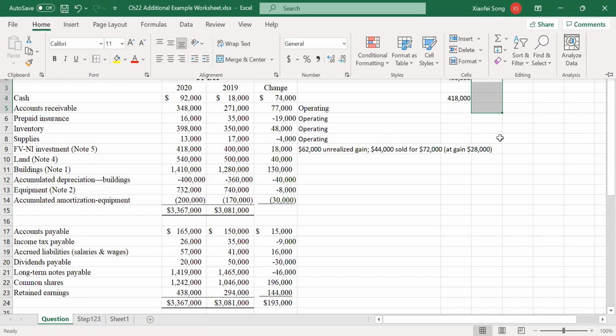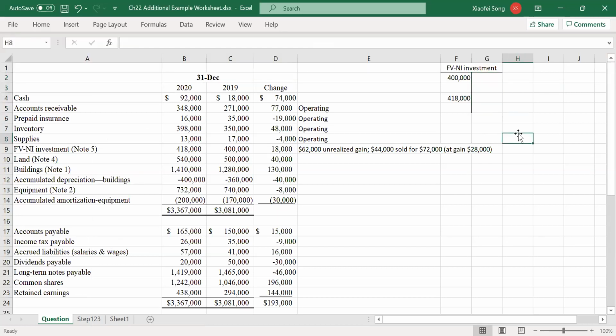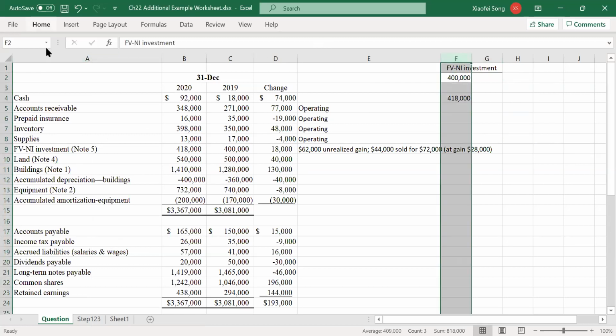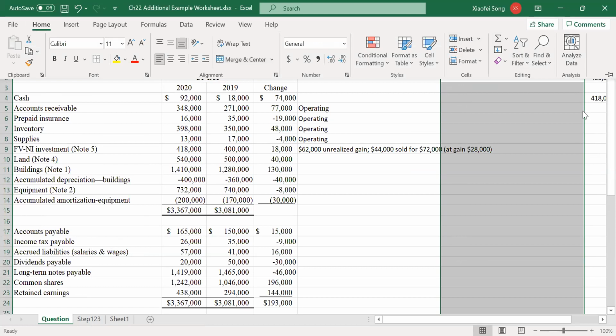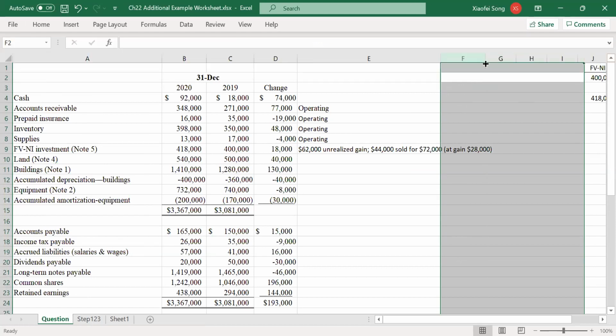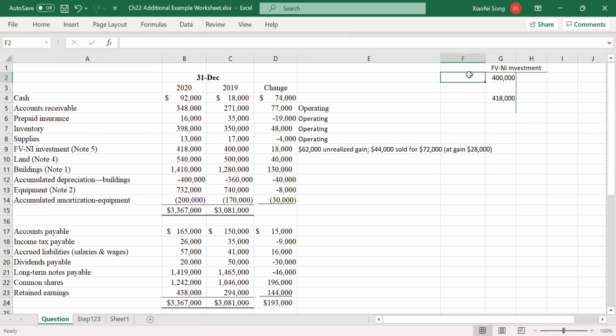So it's an asset, so it's on the left side. So this is the beginning balance. And I will put a little space to interpolate it. And this is the ending balance.